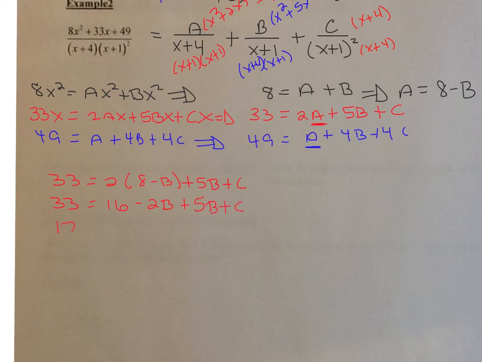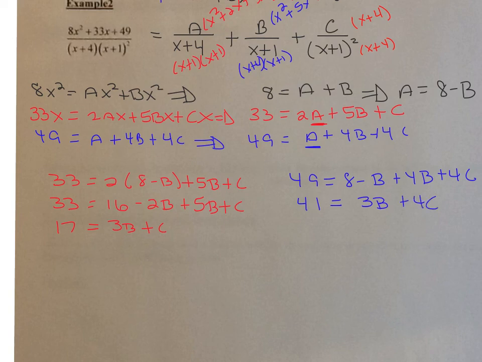I get 17 equals negative 2B plus 5B is 3B plus C. Now I'm going to do the same thing for the blue equation. 49 equals, plug in A, which is 8 − B, plus 4B plus 4C. I'm going to minus 8 from both sides, and I get 41 equals, combine the B's, negative B plus 4B is 3B plus 4C.